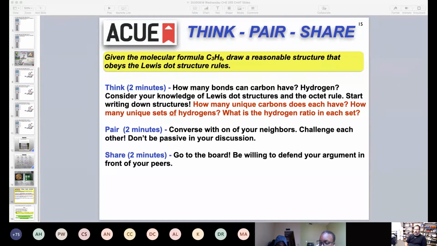So why don't you draw a structure down, and if you're willing, you can show that structure to your webcam. I only see like 2 people now. Maybe you can hold your structure up to the webcam.